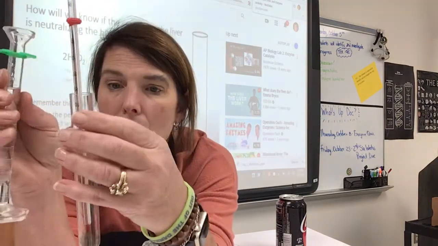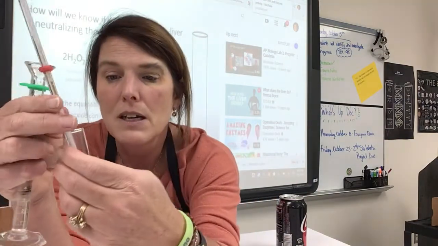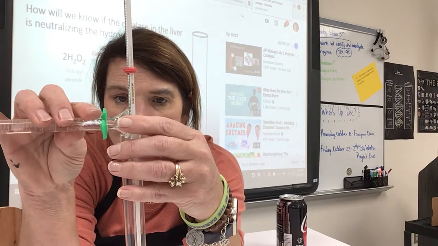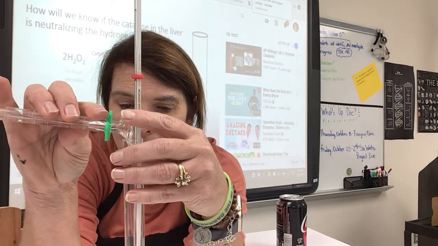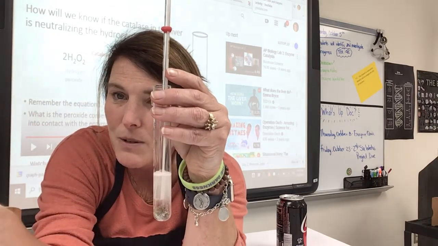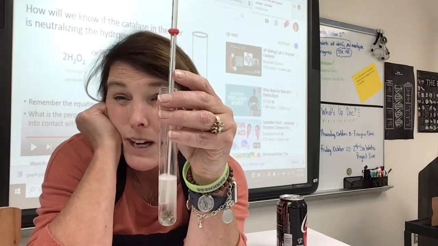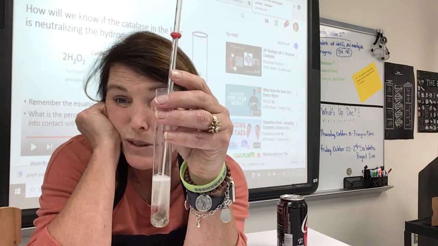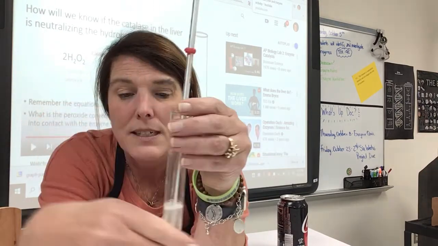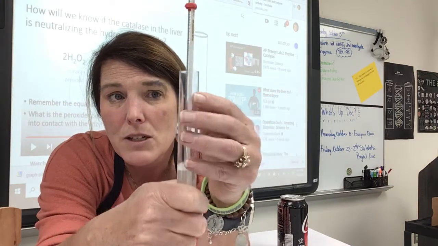Here we go. Okay, so remember this one started at 20 degrees Celsius. So in goes, well, that just was not too exciting. How much bubbles would you rank that? Not as much as the one before. Make sure you're ranking your bubbles. Okay, it did get hot, but not too much.